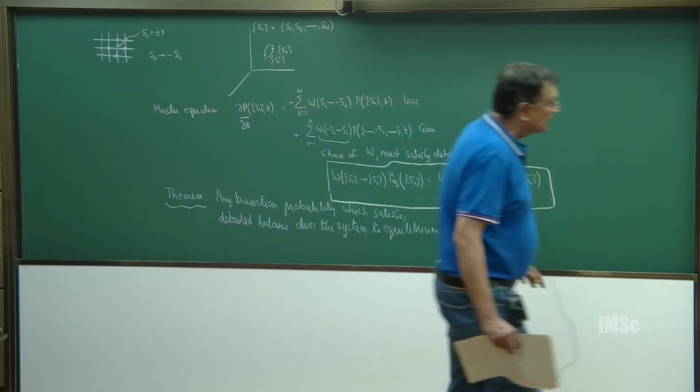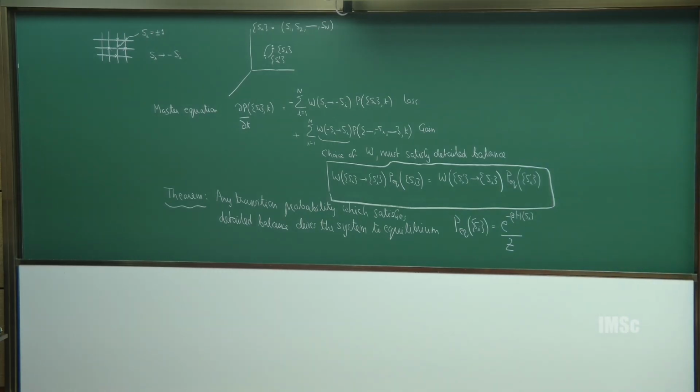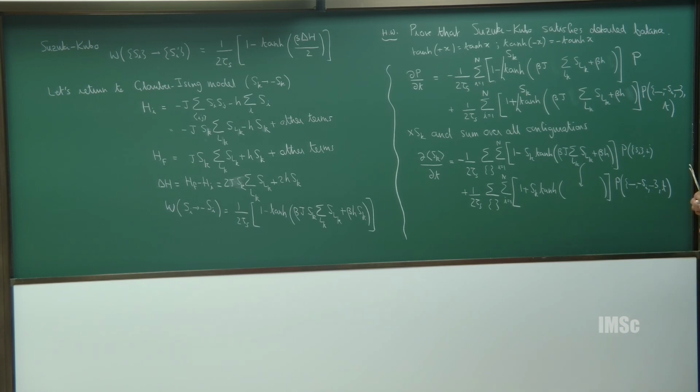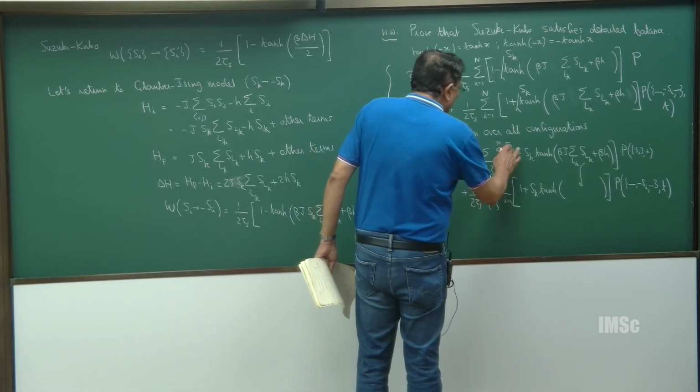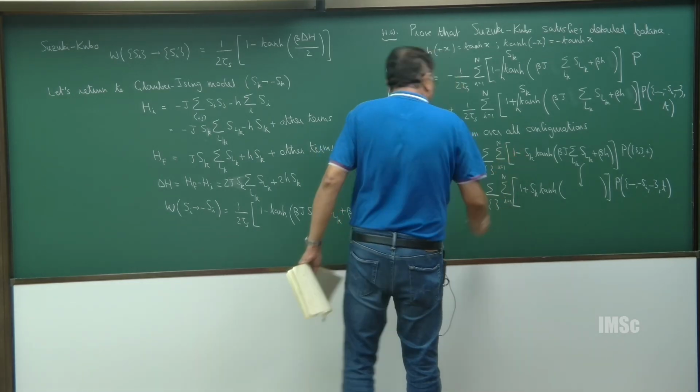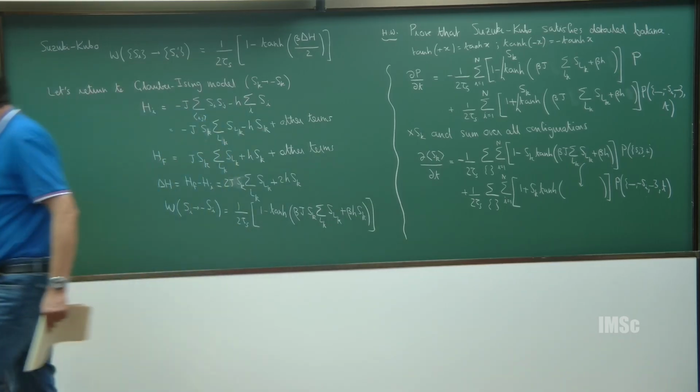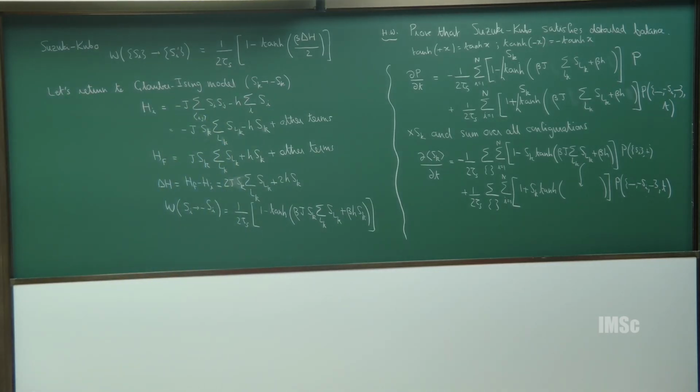Okay, then let's do a last bit of work. Multiplying by Sk on the right hand side. Where is the Sk there, in the master equation? That's a very good question. I lost that in my simplification. Let me reinstate it.